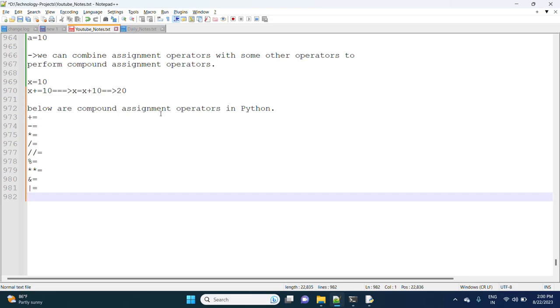Observe carefully: if we combine an assignment operator with some other operators to perform compound assignment, then we have to go for this concept. Mostly we use this type of thing in our programming day to day.